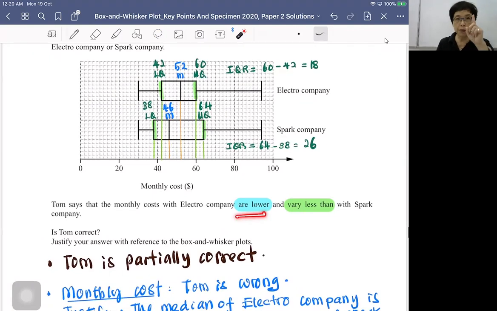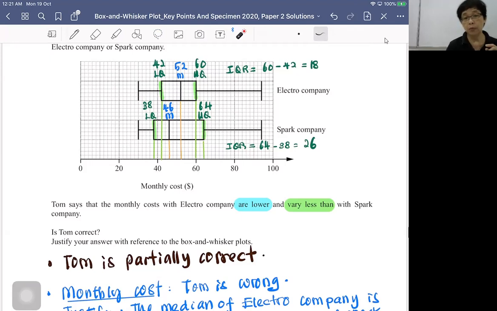So this is the first statement that Tom has made. He said the monthly cost of Electro company is lower. So we're going to verify that. And then the second one, he says Electro company varies less than Spark company.